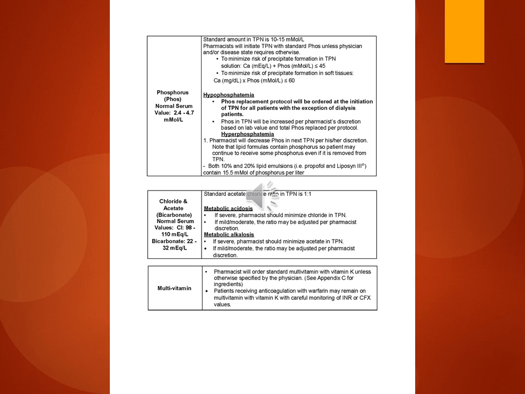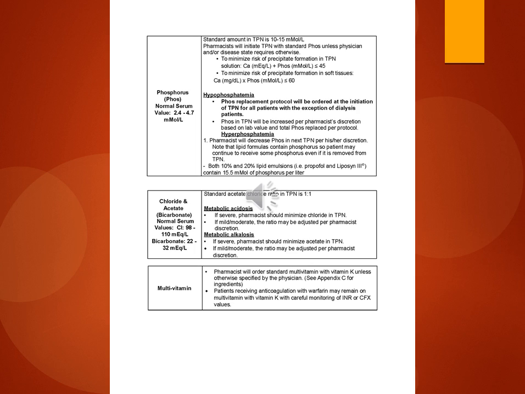i.e. propofol and Liposyn, contain 15.5 mmol of phosphorus per liter. Chloride and acetate, bicarbonate. Normal serum values: chloride 98 to 110 mEq per liter, bicarbonate 22 to 32 mEq per liter. Standard acetate to chloride ratio in TPN is 1:1.